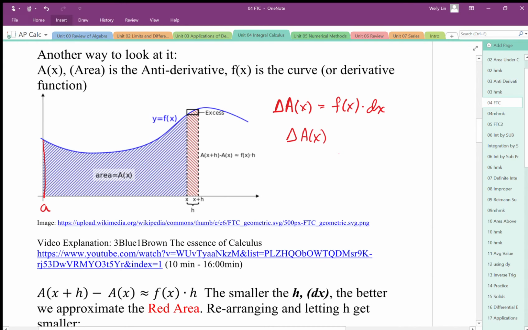So the change in my original area function, which I'm going to call dA, the change in the area function over the change in x must be the blue line f of x. Well, that is the derivative of the area function. The derivative of the area function must be the f of x. So that line there must be a derivative function. It's the derivative of this area function in here. And we can establish that algebraically, we can establish that conceptually as well.